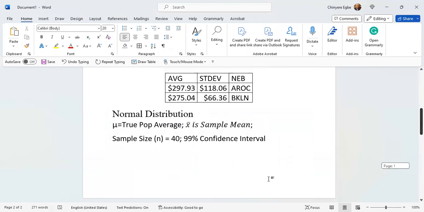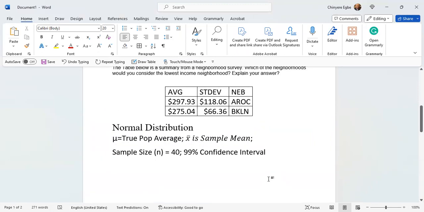We see that for the other neighborhood, the sample average price per square foot is 275.04. And the standard deviation is 66.36. And what is the sample size?